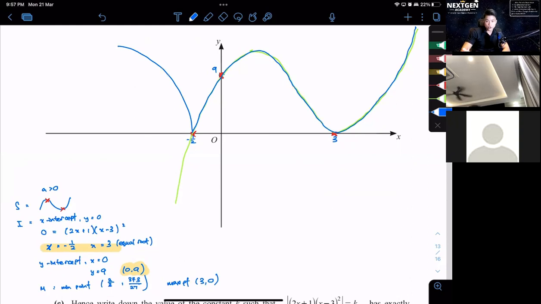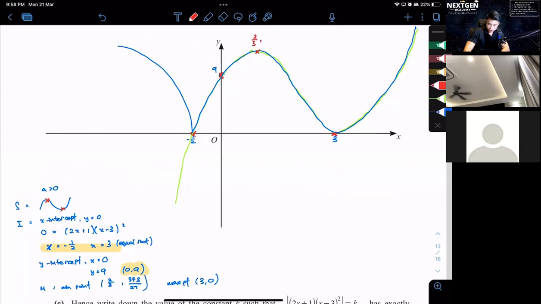As long as you show your x-intercept and your y-intercept, you'll get the full marks already. And normally for a cubic graph, they seldom ask you about pointing out the maximum or minimum point. But I'm just going to draw it and state it because this will be needed for the next question.